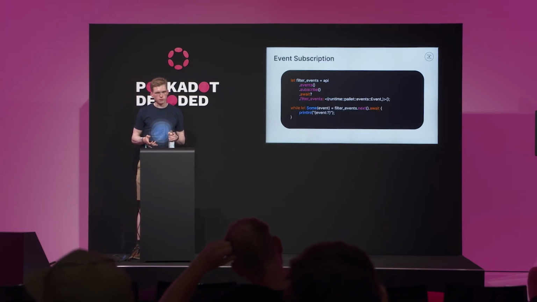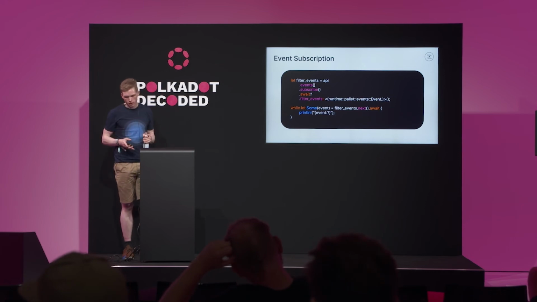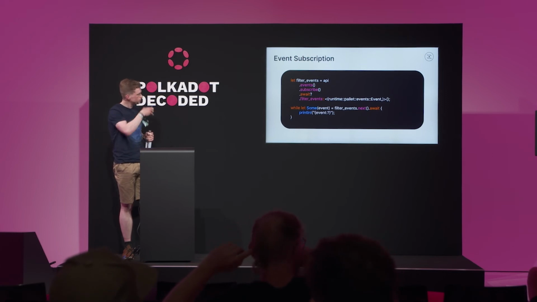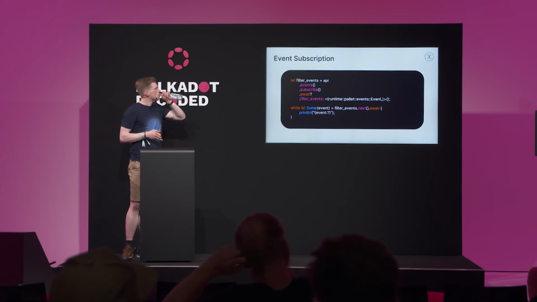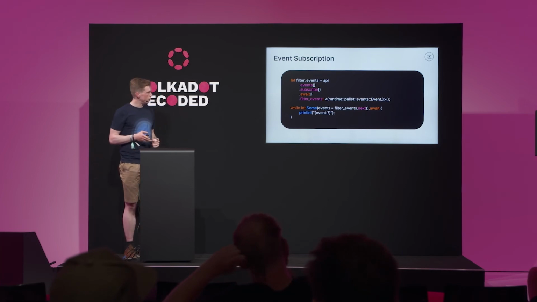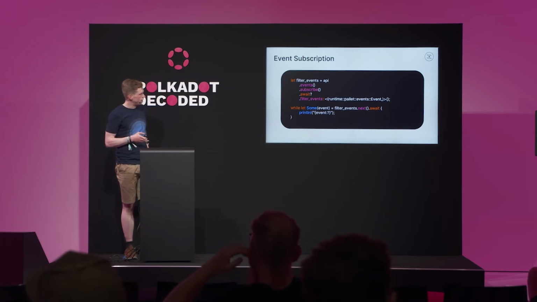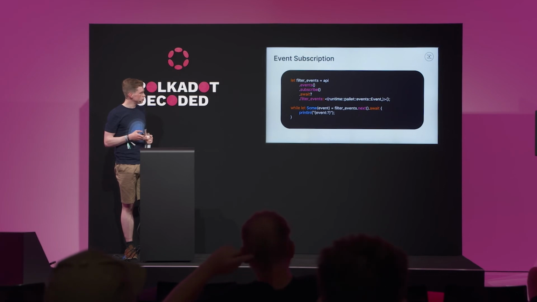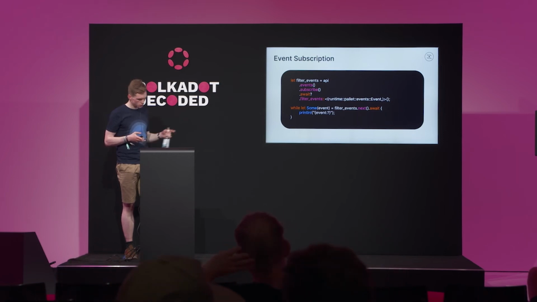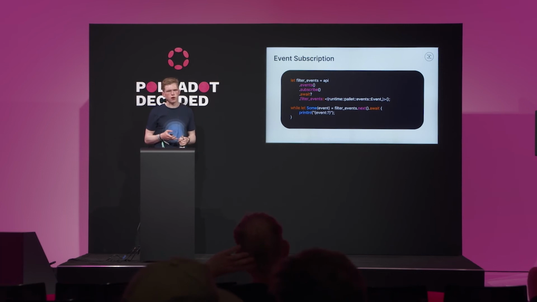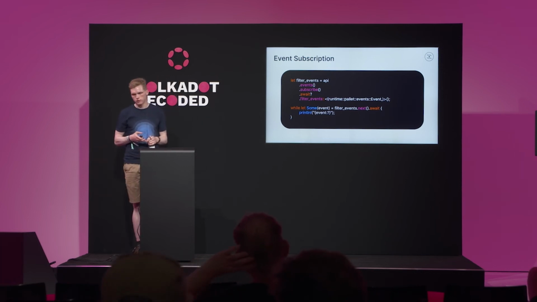For event subscriptions, these are more interesting things for downstream development. We can subscribe to all, one, or multiple events. In this case, we're subscribing to this runtime pallet's events event. So a single event, so each poll of the subscription here will print that event. It's worth noting that subscribe here is also subscribing to latest blocks, non-finalized.